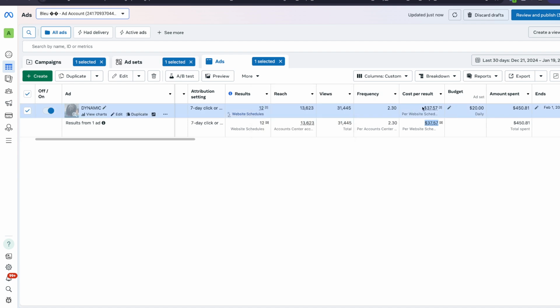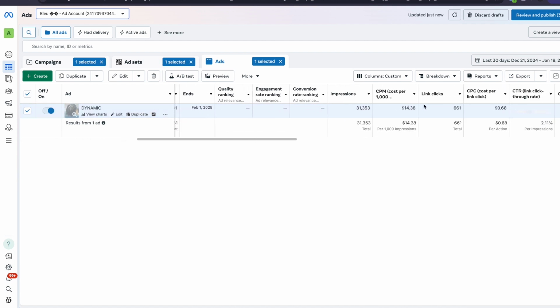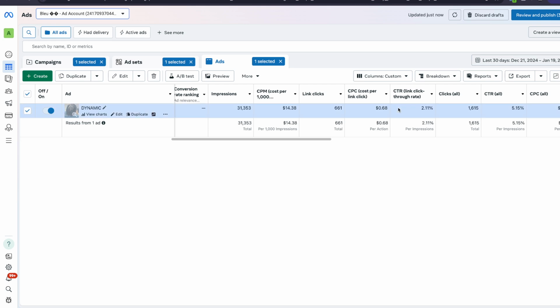Another good thing that happens as you're spending money on ads, you start accumulating data. So like I said, what if we don't want to spend more money on ads, but we want to try to get more clients? There are some things we can do. The first thing is to pay attention to our click-through rate. What percentage of people are actually clicking through on our ads? We're at a 2%, which is actually good. We're looking for a 1% or better.